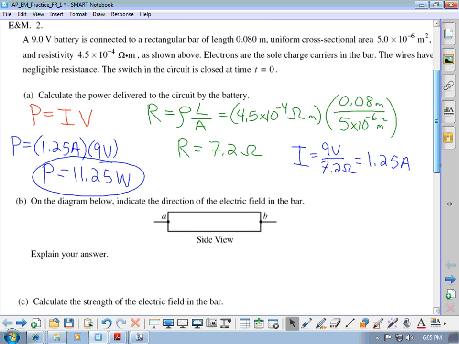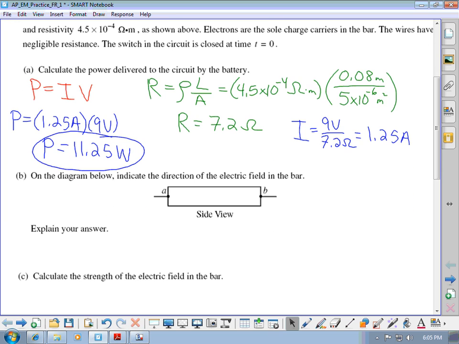Part B. On the diagram below, indicate the direction of the electric field inside the bar. Point A is at a higher voltage, point B is at a lower voltage. If we move with the electric field, the voltage gets smaller. So that means the electric field points to the right.